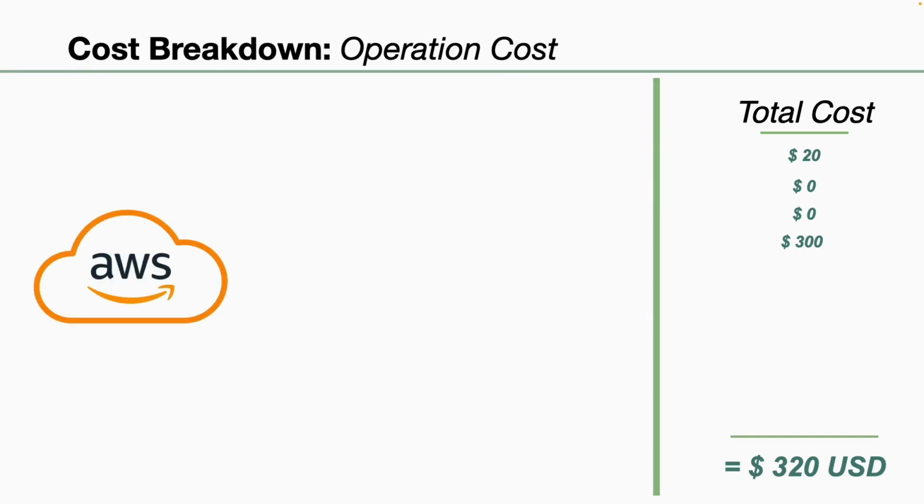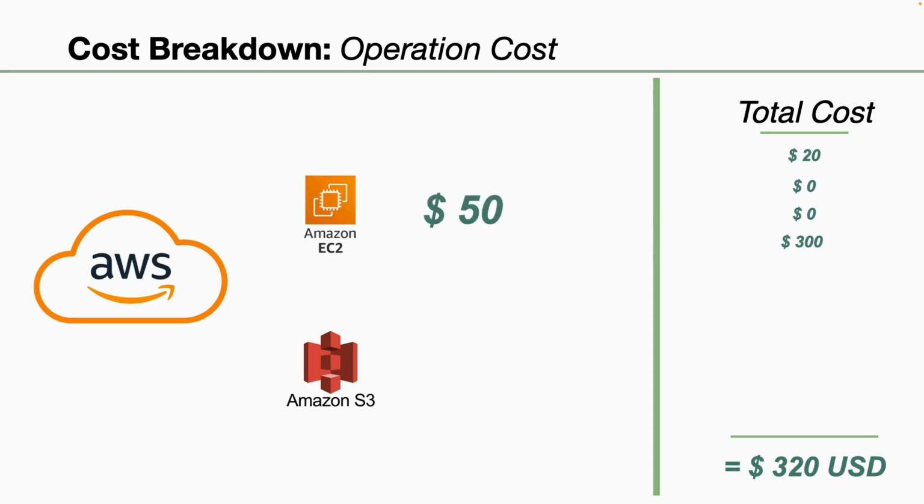As our operation cost, we mainly use Amazon Web Services with EC2 and S3, and we estimate about $50 of service fee depending on the traffic each month, so that would total to 100.